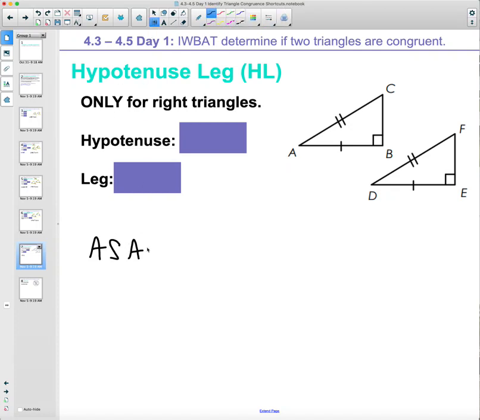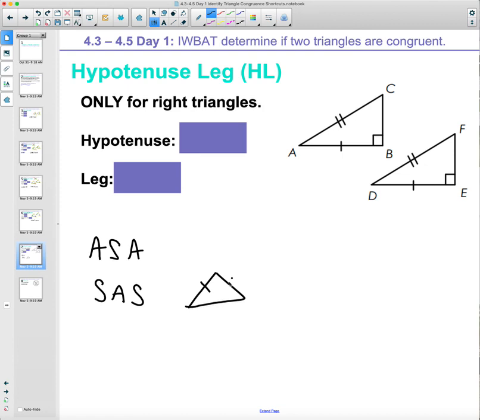Then the other option that we had was 2 sides. So we had side angle side, and that was if the angle was between the 2 sides, right? So that was if we had something like this and we had 2 sides given and then the angle between it, right? Well, what happened if the angle wasn't between it?